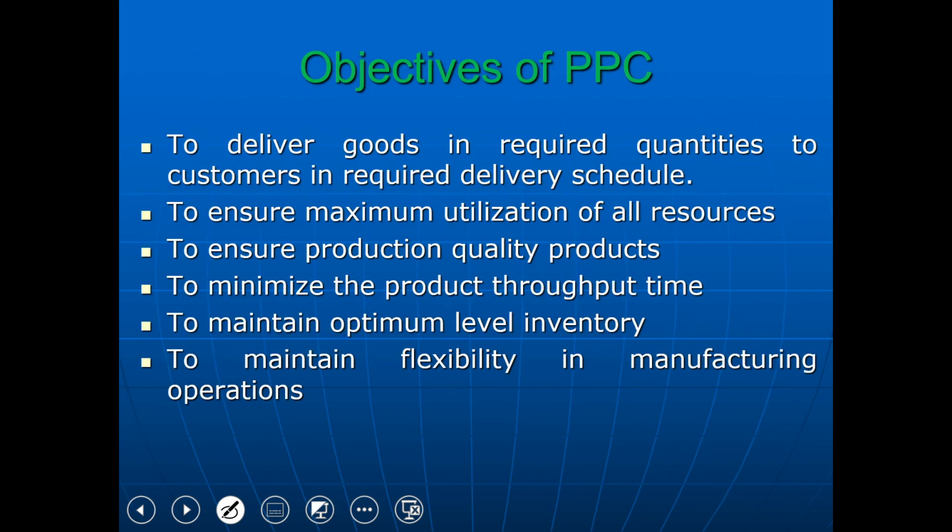Objectives of production planning control: to deliver goods in required quantities to the customer on the required delivery schedule, to ensure maximum utilization of all resources, to ensure production of quality product, to minimize the product throughput time, to maintain optimum level of inventory, and to maintain flexibility in the manufacturing process.